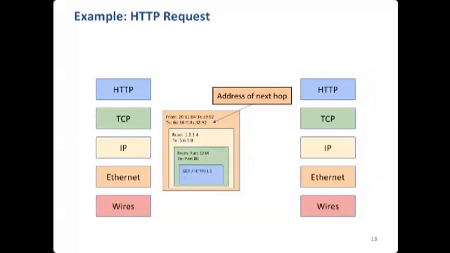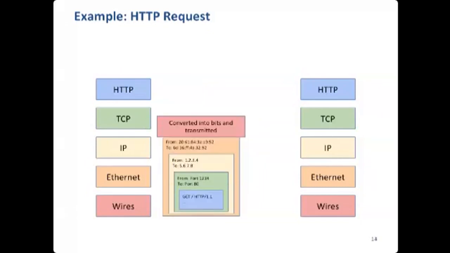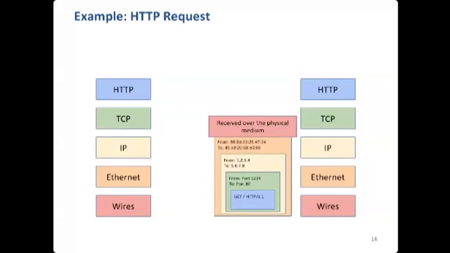Next hop means that there may be routers in between. Then this Ethernet packet gets converted into bits and bytes, and finally comes to the other end.